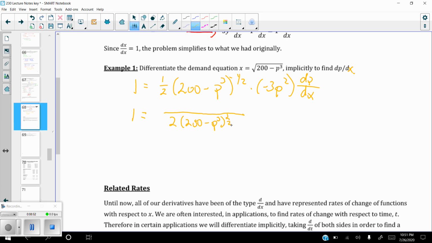And then that negative 3p squared is going to go on top, and then I've got dp/dx. So if I want to solve this for dp/dx, I can divide by that whole thing, but 1 over that whole fraction is going to flip the fraction. So really I'm going to get 2 times 200 minus p cubed to the 1/2 power over negative 3p squared. That is our dp/dx implicitly.